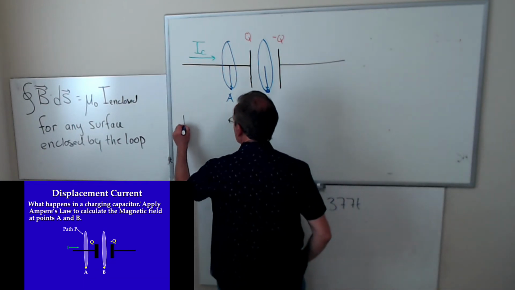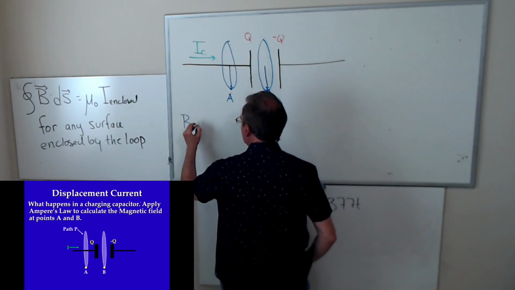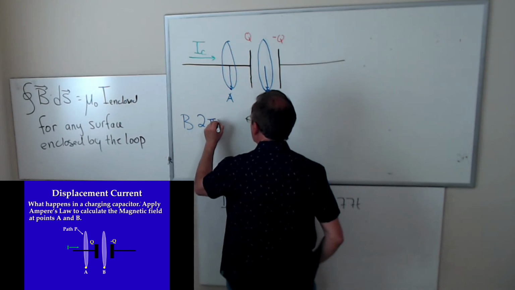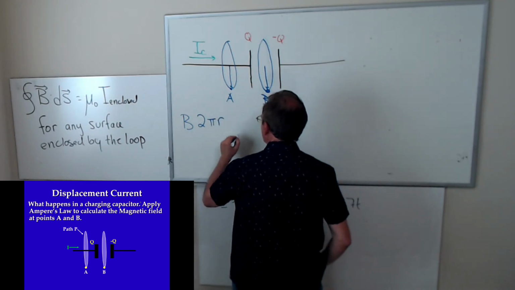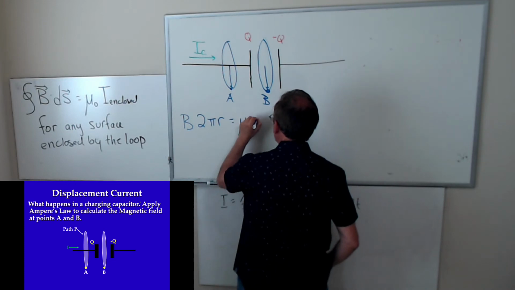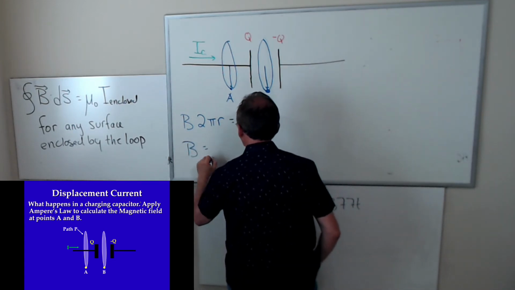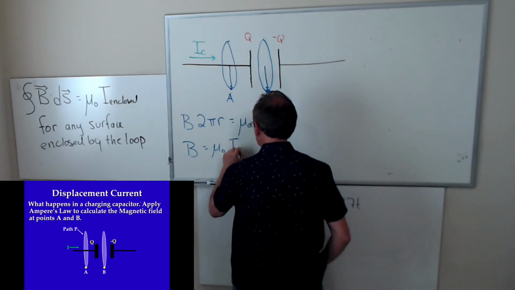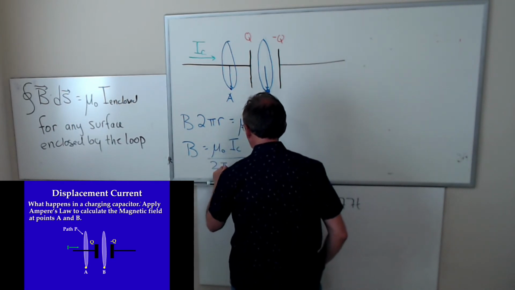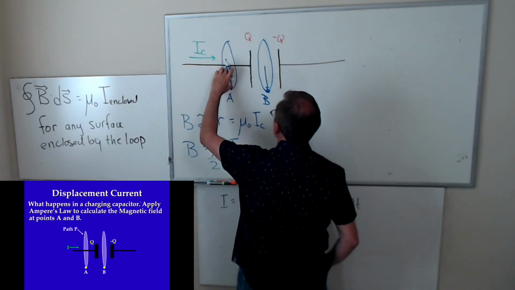And so the integral of B dot S becomes B times 2 pi r, and that's equal to mu naught times I, the conduction current. And so B is mu naught I sub C over 2 pi r, whatever this distance is.